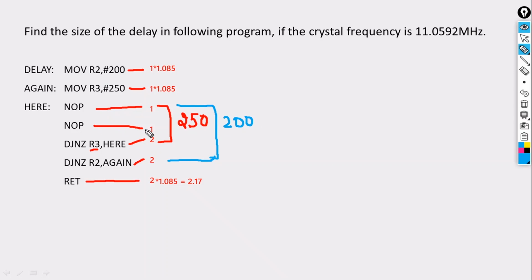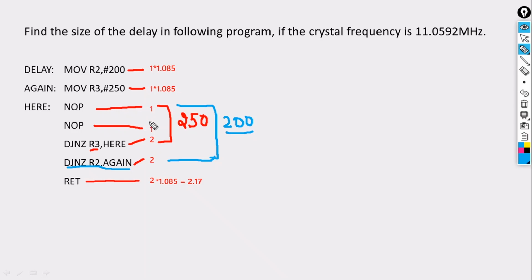These loop operations are going to be executed 200 times, since I have called this particular loop again.